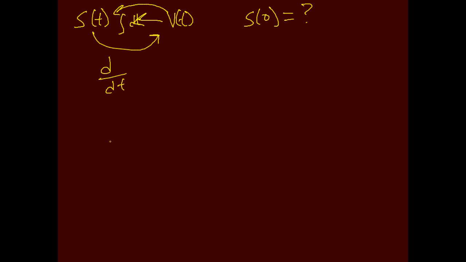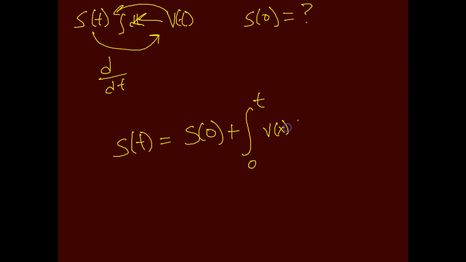And in fact, that function will be, given some velocity as a function of time, the position function as a function of time will equal S of 0, the initial position, plus the integral from 0 to t of v of x dx. Now you might ask, wait a minute, if this velocity is a function of time, why do we have the variable x in here?